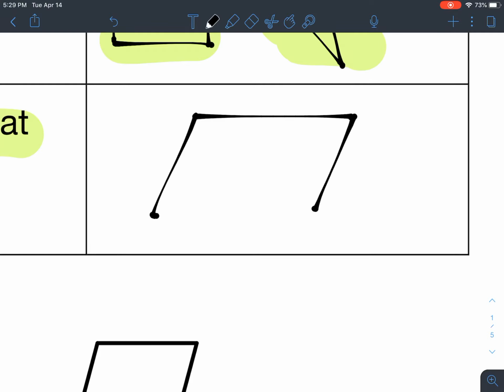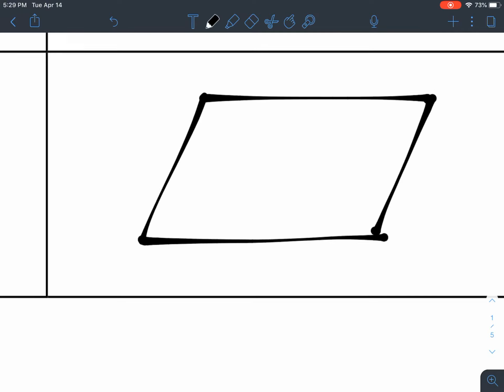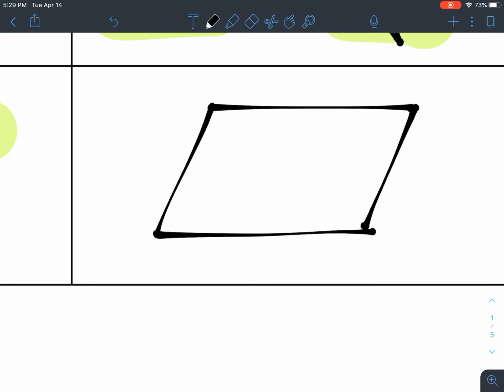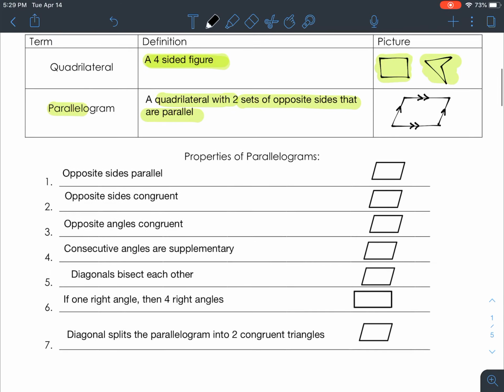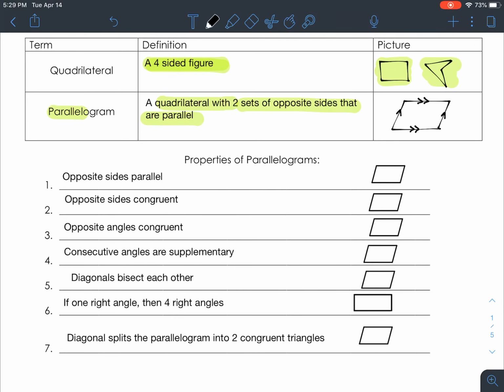Based off of that definition, we know that it has two sets of opposite sides that are parallel. So I'm going to mark these sides parallel and these sides parallel.